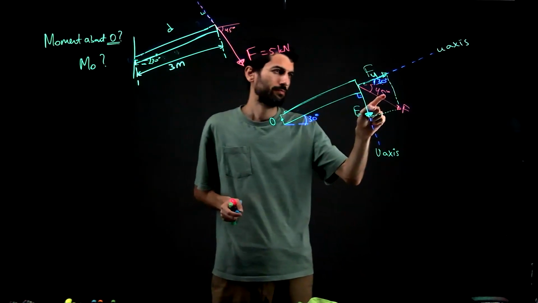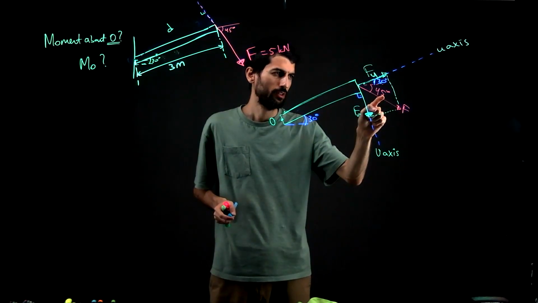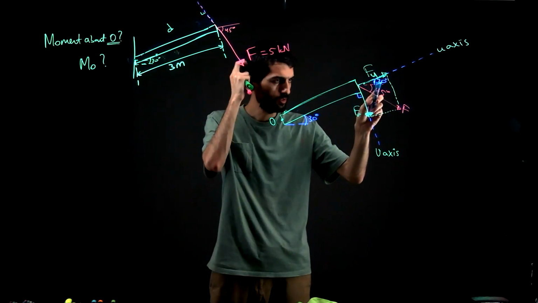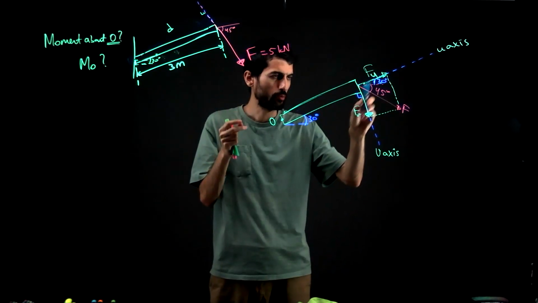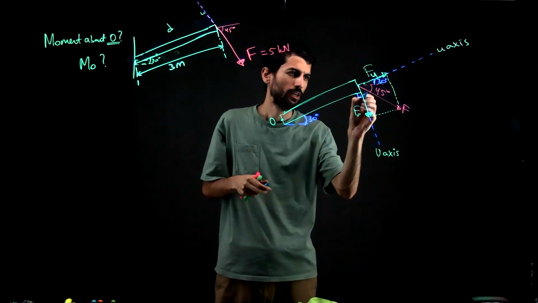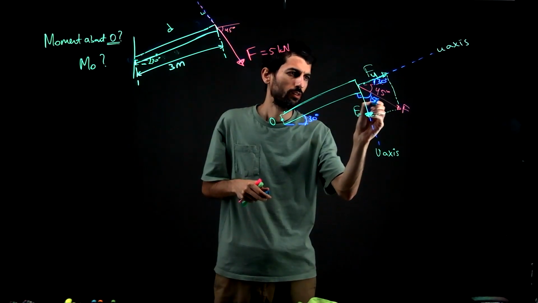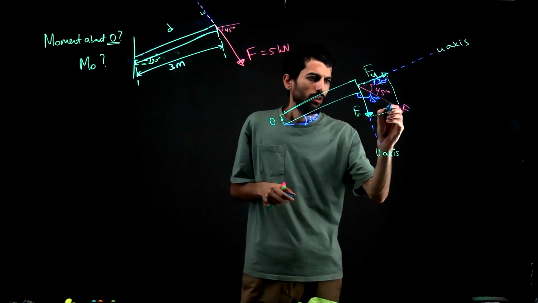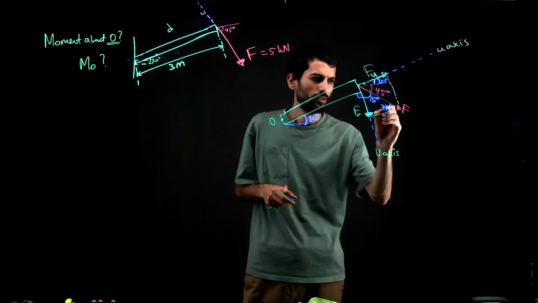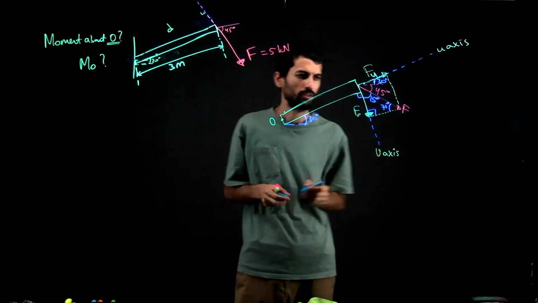Then you have 75 degrees. Okay, 75. These two are perpendicular, so you will have here 15 degrees. Okay. And then here you will have 75 degrees, and then here you have 90 degrees. Okay.